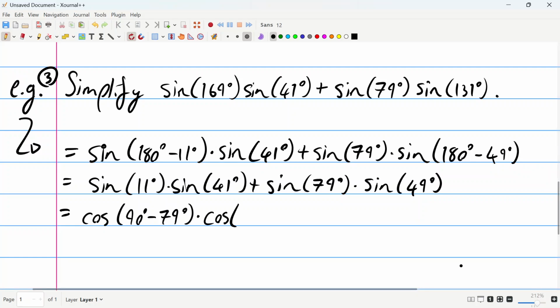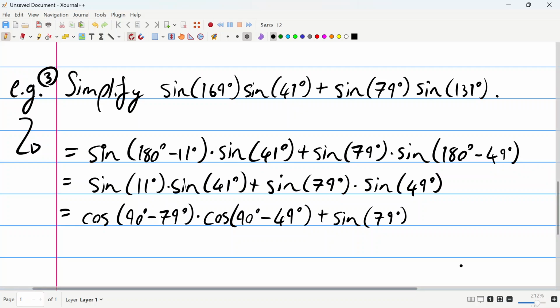So let's say cos of, what else are we going to have? Well, we are going to have 90 degrees minus 49 in order to get 41. Okay? And notice that they're all in the first quadrant, so they're all positive, so it's not a big deal. Plus sine of 79 degrees multiplied by sine of 49 degrees.